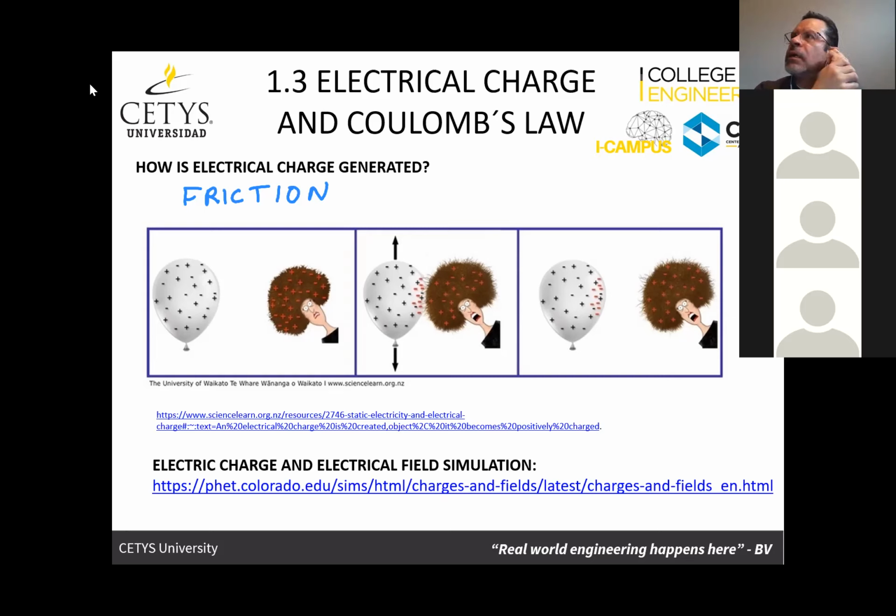Why is that happening? Because in the end, we're comprised of atoms. Friction makes the atoms start moving. That movement makes electrons within these atoms start to vibrate, and depending on the movement and the materials, the electrons are going to start jumping someplace. What is that someplace? Again, since charge is neither created nor destroyed, it's going to be jumping to some place where there aren't any electrons.